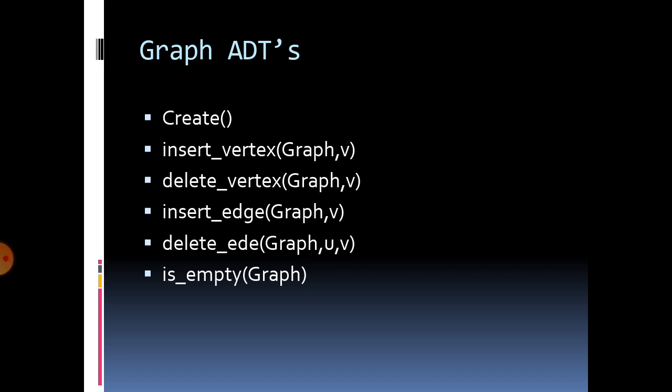We also have one more function, is empty, which checks whether the graph has any vertices or edges. For insert vertex we have the graph G and the vertex V, and delete vertex takes the graph and the vertex. Like that, every function takes the graph and the vertex or edge.